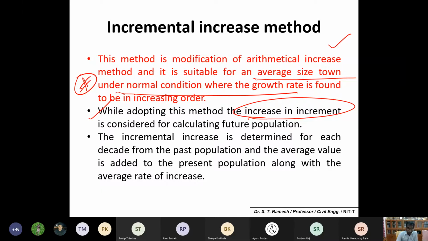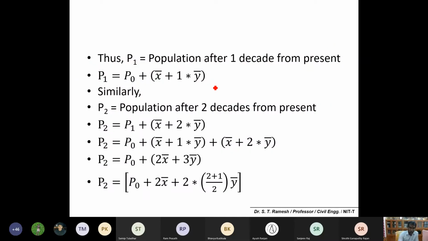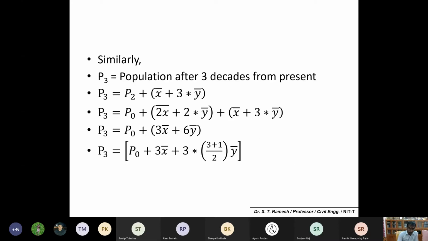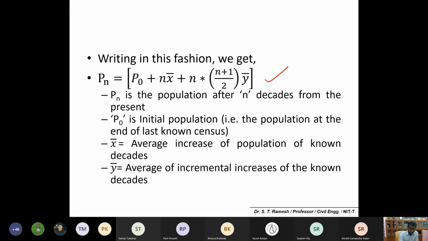Okay, you can remember this formula, how it is calculated for P1, P2, and P3. This also I think we have discussed in the last class, how we can make it in a simple version like this: Pn is equal to P0 plus n x bar plus n into n plus 1 by 2 into y bar, where Pn is equal to the future population, P0 is equal to the initial population, x bar is equal to the average increase of population of known decades, and y bar is equal to the average of incremental increase of known decades.